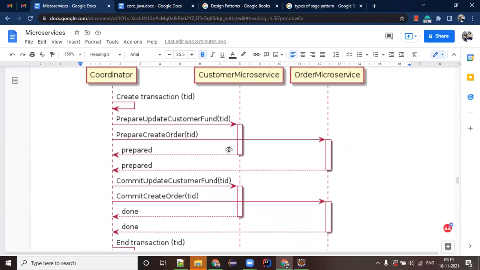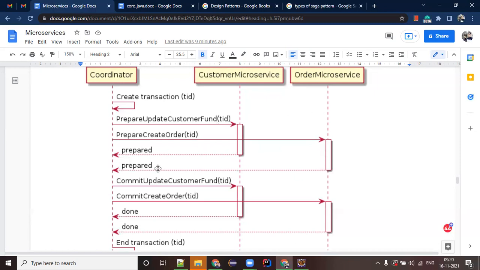The coordinator is creating one transaction ID. The moment the request came, the first thing the coordinator does is create a transaction ID. This transaction ID is passed to the customer service when it is updating the customer table. Similarly, it is also passed to the order microservice so that it maintains for which transaction ID all the insert, update, delete has happened. The customer service tells it's prepared, meaning the customer table is updated.